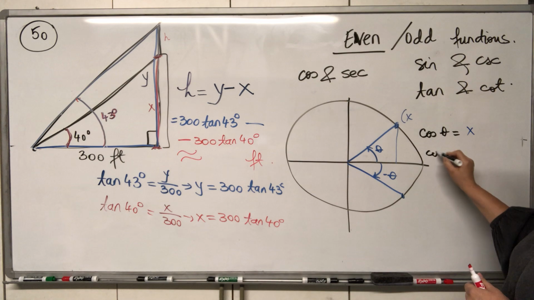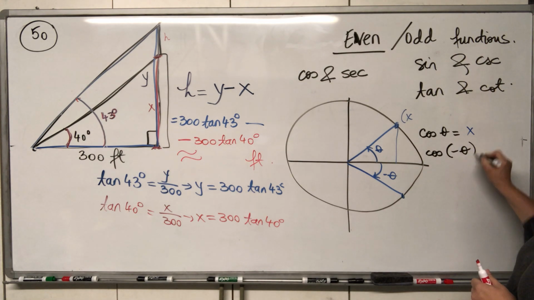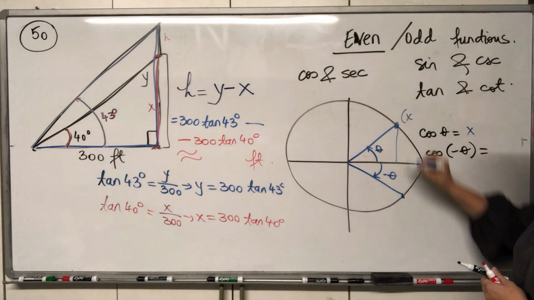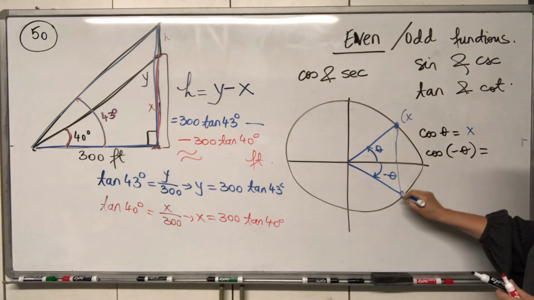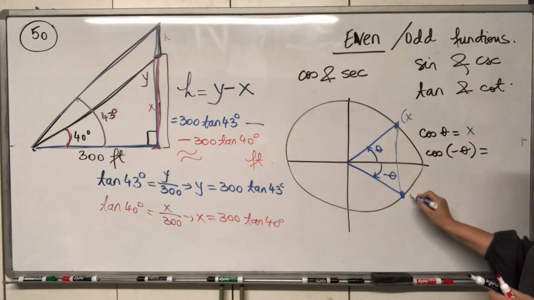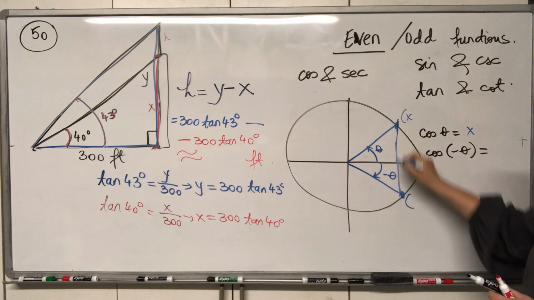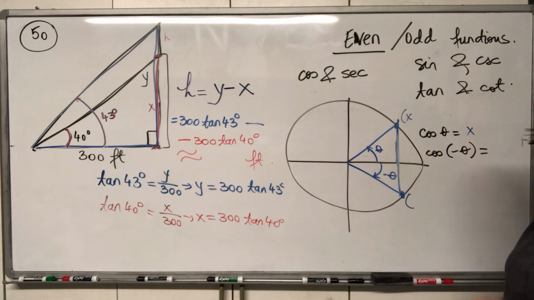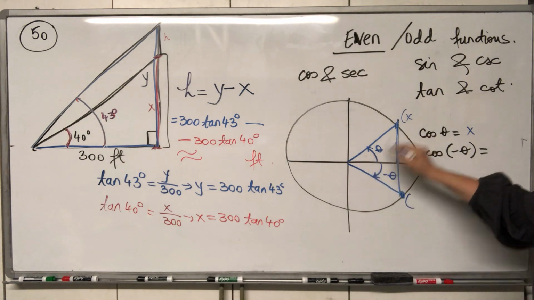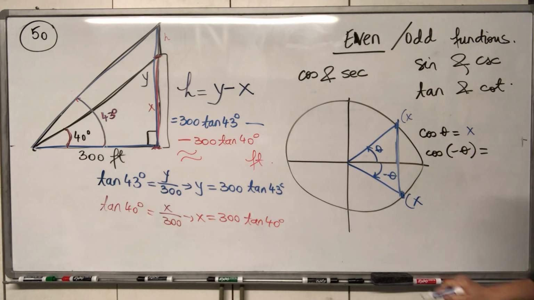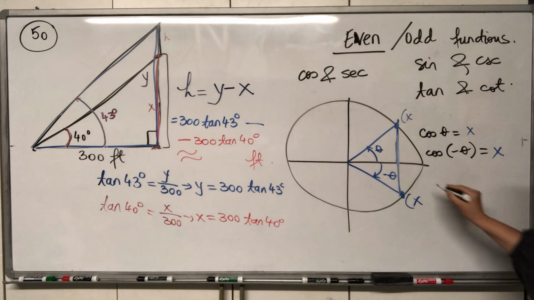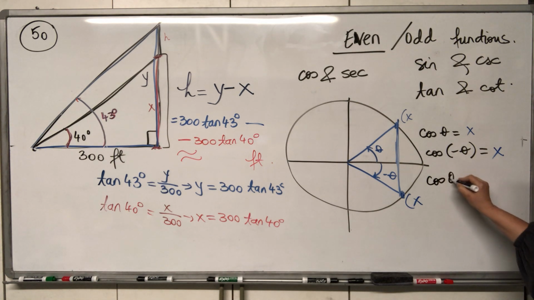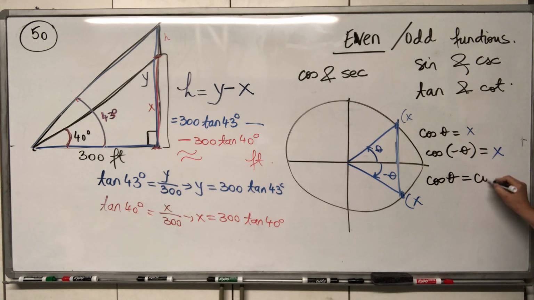What is cosine of the exact opposite of this angle? Well, it is the x-coordinate of this point. Now, what could you tell me about these x-coordinates? They're both positive, yes? And of course, if my picture was pretty, you would see that it also ends at the same exact x, which means that what? Cosine of some angle theta is the same thing as cosine of its opposite angle.